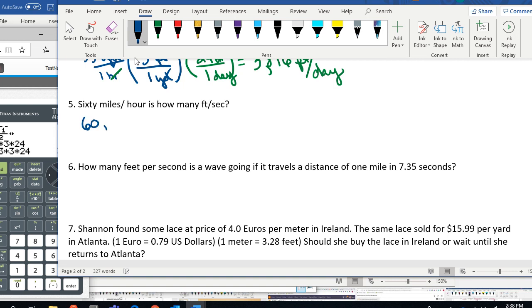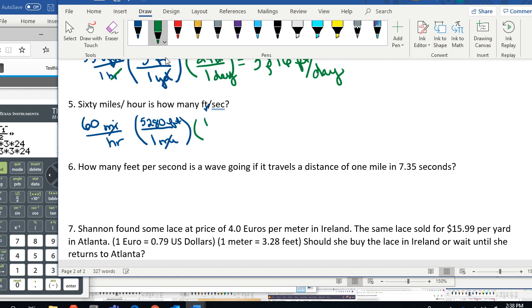So 60 miles per 1 hour. And I have got to turn this into feet per second. So the first thing I'm going to do is say 1 mile is 5,280 feet. That's going to take care of miles and miles and land me in feet. Then I have to get to seconds.